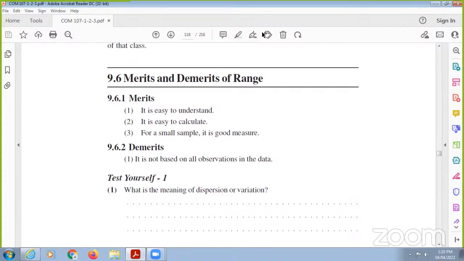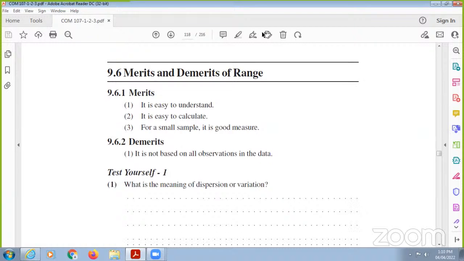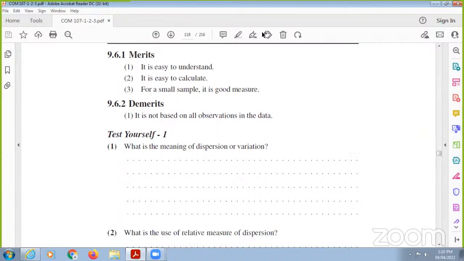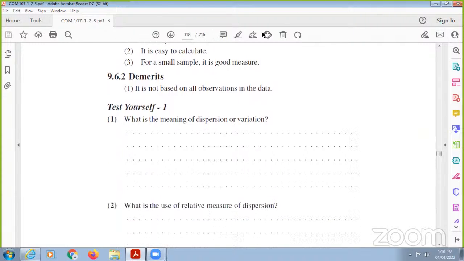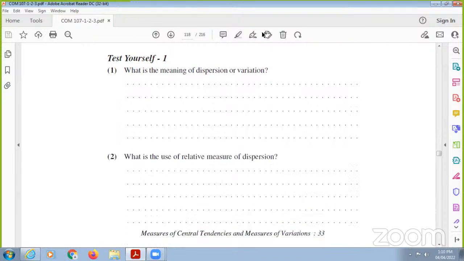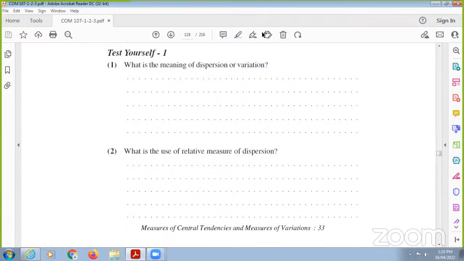Then there are test questions. Suppose, what is the meaning of dispersion or variation? This is a short answer type question. Those questions are also answered at the end of each unit or each session. Then you will find the fourth question. Calculate the range and coefficient of range of the following data and decide which group is more consistent.